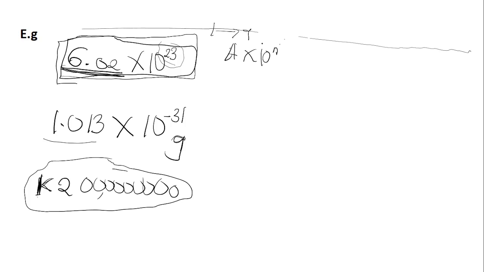So here, 2 is the only number that we're going to put in front. Then the rest, these zeros, you just have to count them. 1, 2, 3, 4, 5, 6, 7, 8, 9. So 2 times 10 to the power 9.